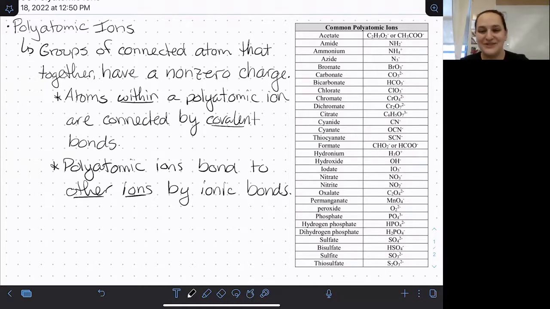So on the right side of your screen, you see a list of common polyatomic ions. This list is copied and pasted from the back side of your periodic table, the one that you've been using in class. If you flip to the back of it, there's a bunch of information on there. Most of it you don't know what to do with yet, but on the left-hand side, you will find this exact list of common polyatomic ions.